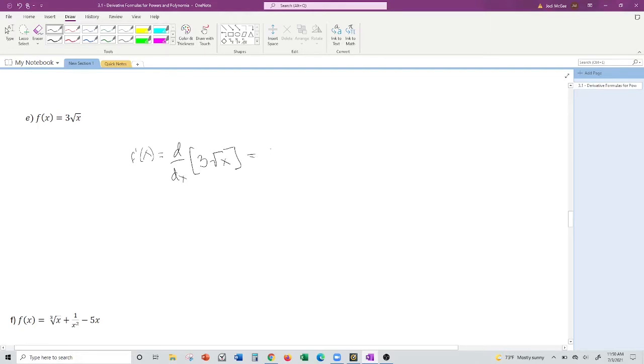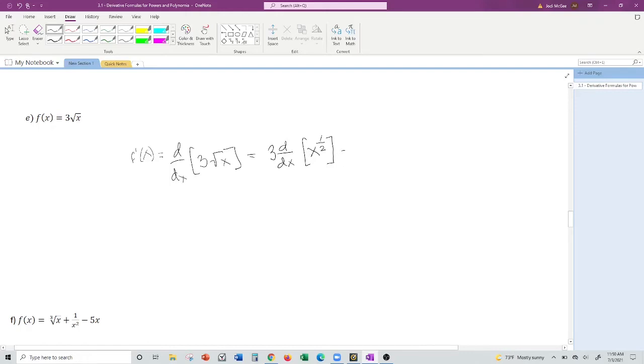First of all, we can pull the 3 out front because of our constant multiple rule. So 3 times the derivative of the square root of x. We can rewrite this as x to the 1/2. The square root of x is the same thing as x to the 1/2.